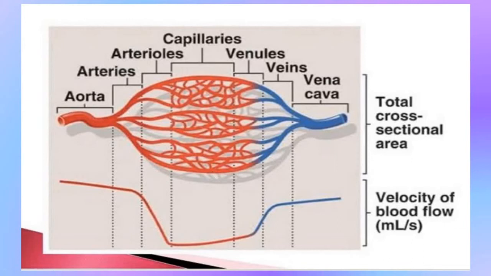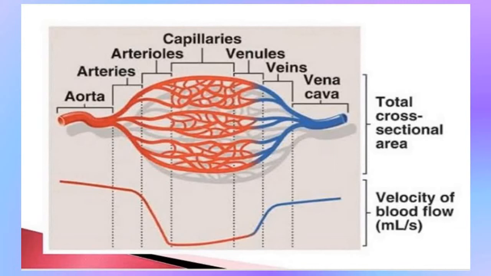And when these capillaries fuse to form venules, again the cross-sectional area decreases. It further decreases as venules fuse to form veins and veins fuse to form the vena cava. So as the cross-sectional area decreases in venules, veins and vena cava, the flow of blood increases.